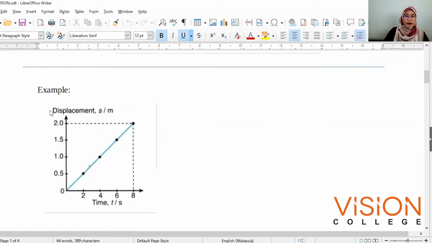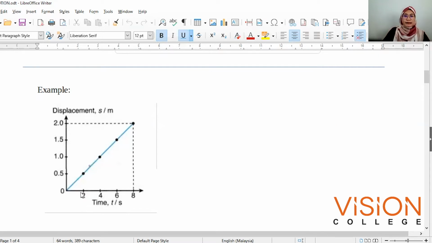For this one, the y-axis is the displacement, so it is a displacement against time graph. We can see that the graph is directly proportional. It means it's a straight line, but at a slanted position.